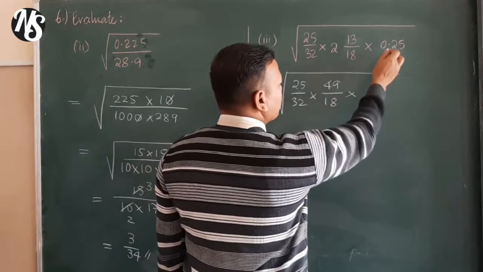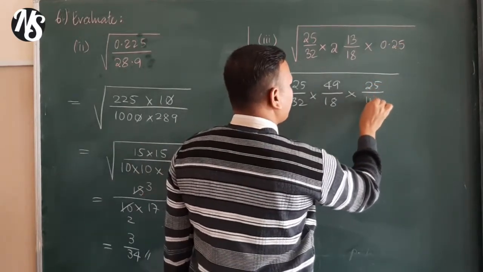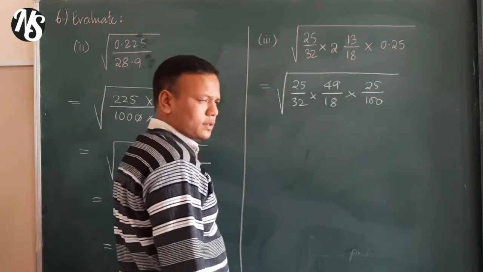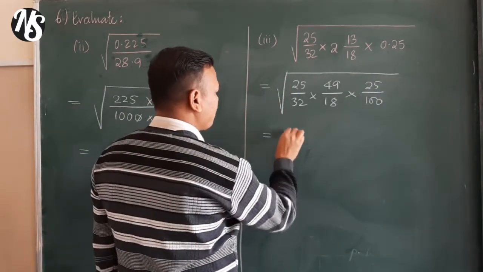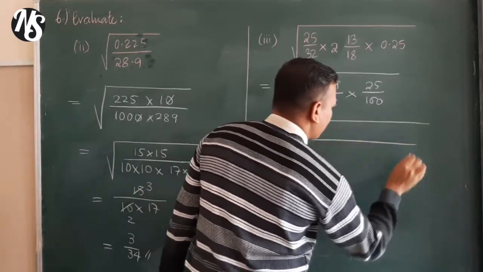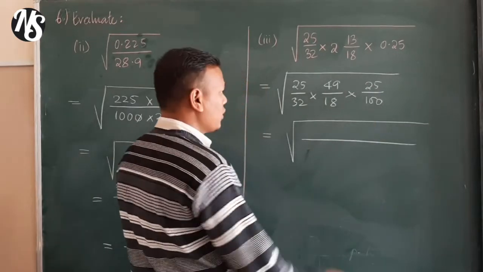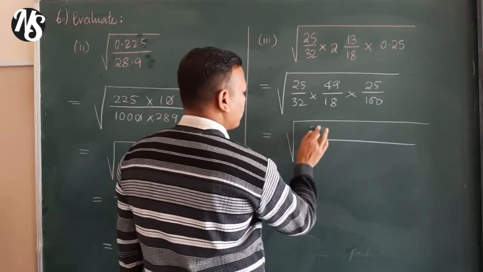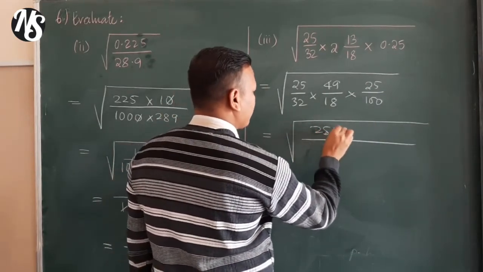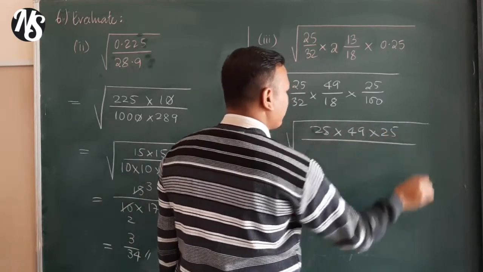And you know this is 25 by 100, isn't it? Yes. So see here carefully. Let me write a single line instead of different lines here. So here we have 25 into 49 into 25.